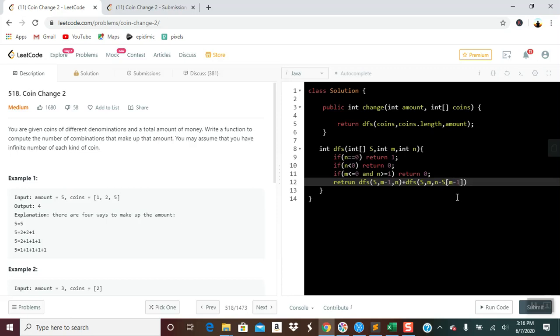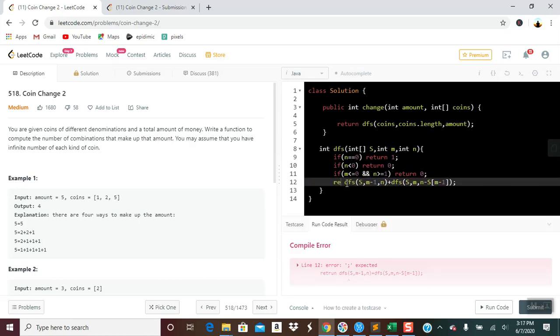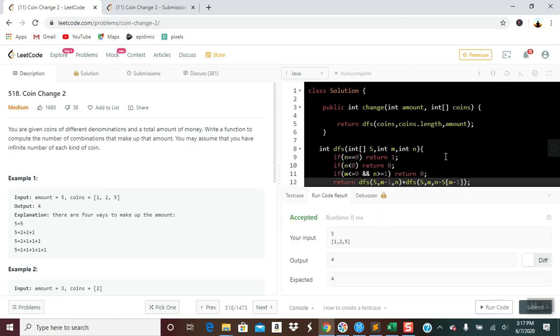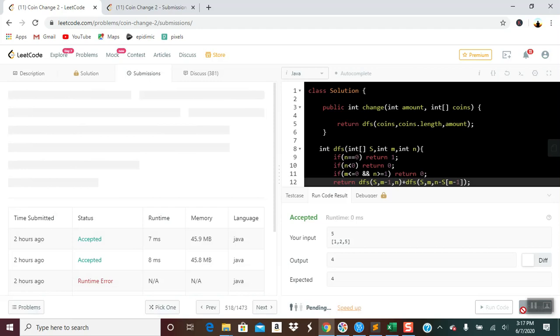If you understand, this is when we are counting when it is included, which means, let's say 1 is in. It is accepted. But when I submit, let's try submitting it.